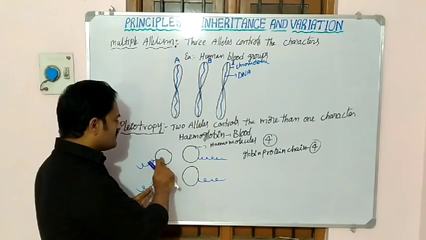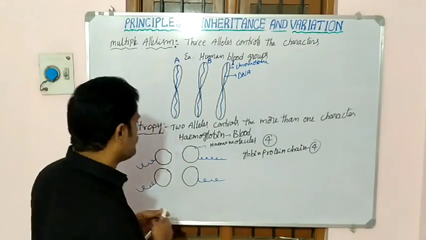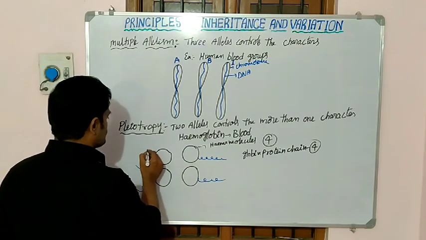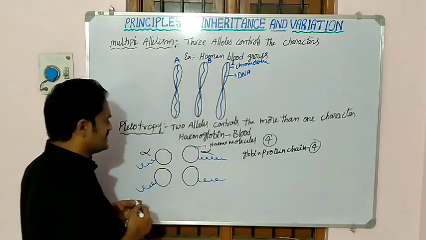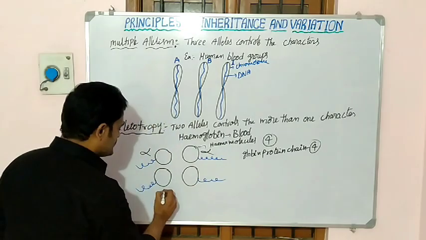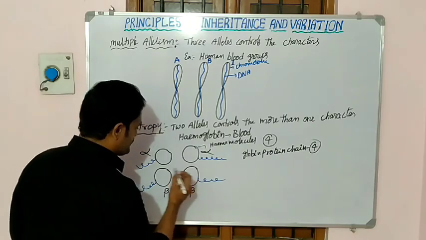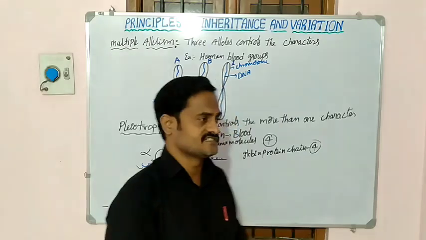The first two chains are called alpha chains. These are the alpha chains, and these two are called beta chains. Remember, 2 alpha chains and 2 beta chains.